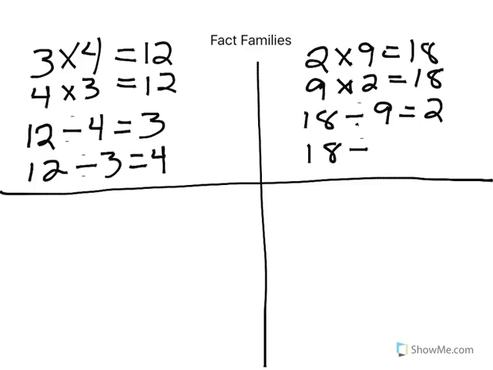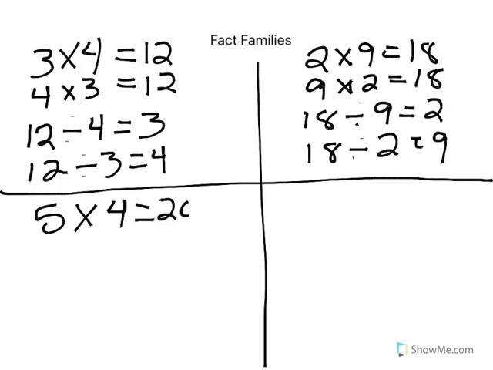And if I have that 18 total and divide it into 2 groups, I'll have 9 in each group. So now these last two, I'm going to have you actually practice. So right now I'm going to give you my fact of 5 times 4 equals 20. I want you to pause the video and fill in the rest of the facts in this fact family.